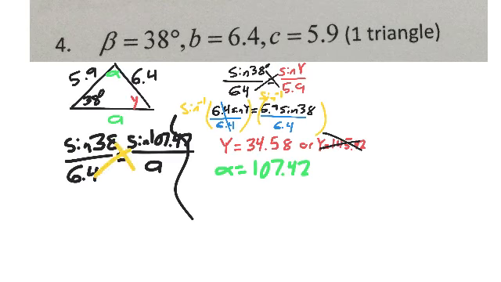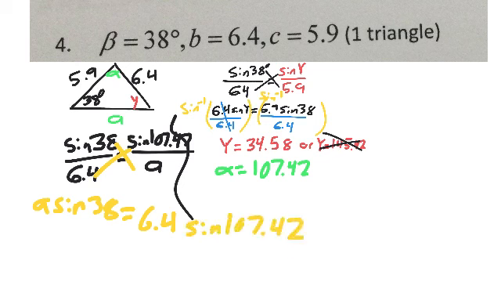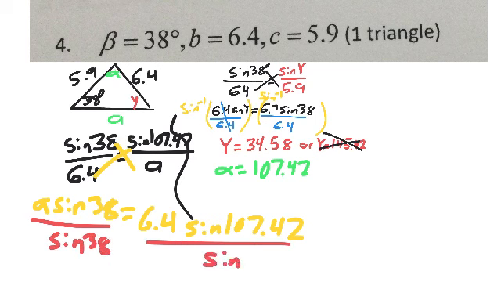Cross multiply. A times sine 38 equals 6.4 times sine of 107.42. Now solve for A. So I'm going to divide by sine of 38.